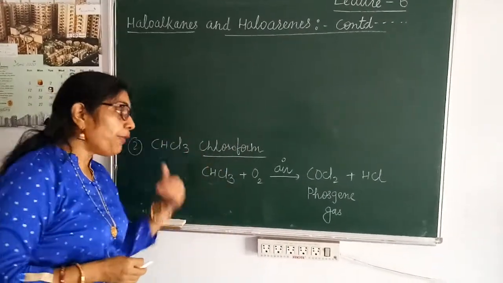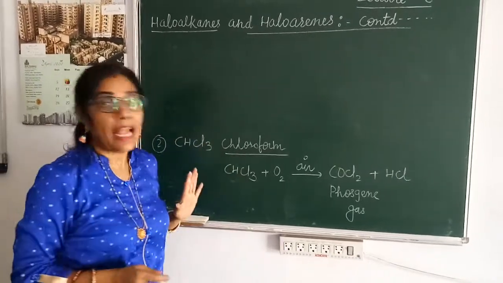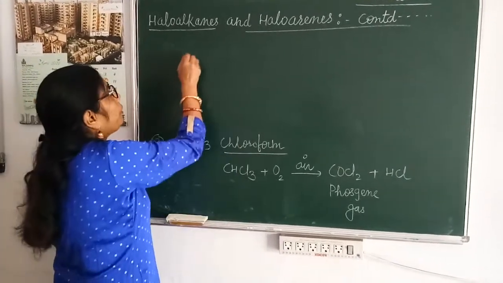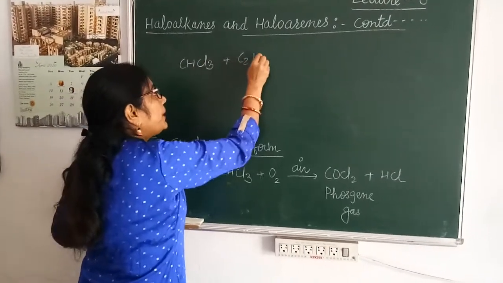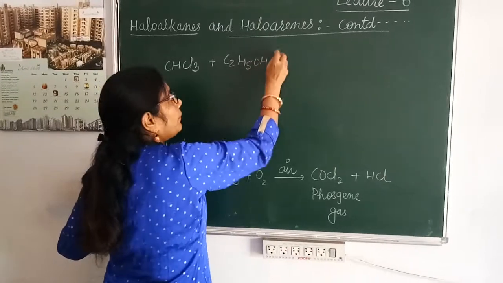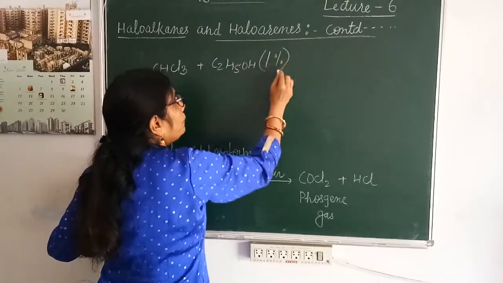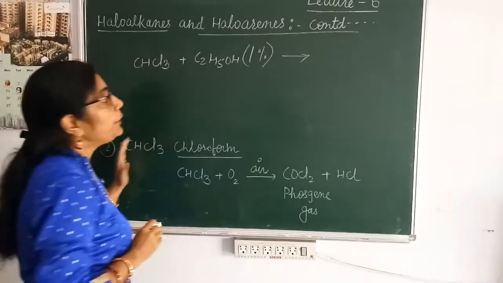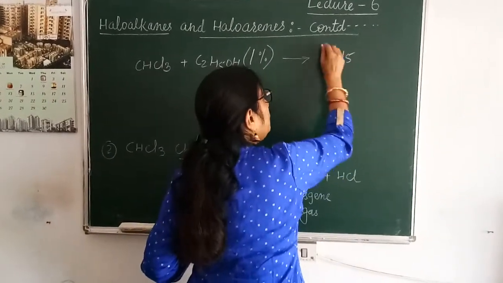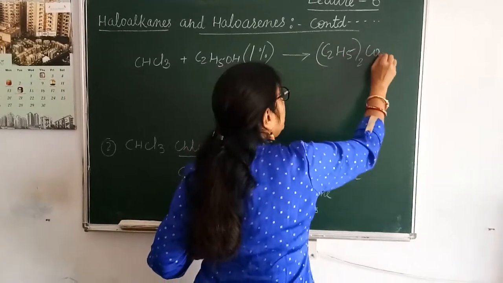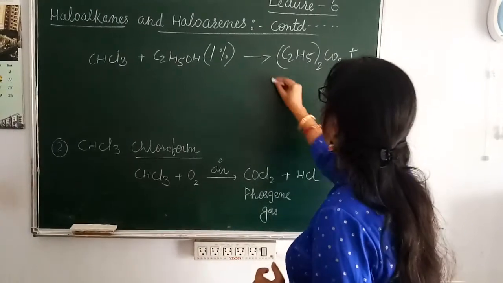For that, 1% ethanol is added beforehand to the chloroform. By doing that, what happens? When the 1% ethanolic solution is added, it forms non-toxic diethyl carbonate.